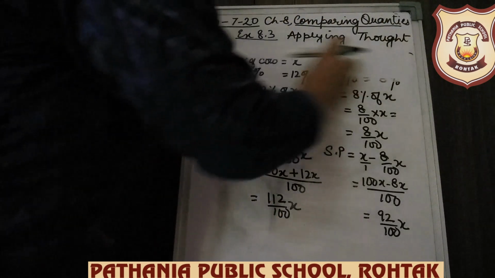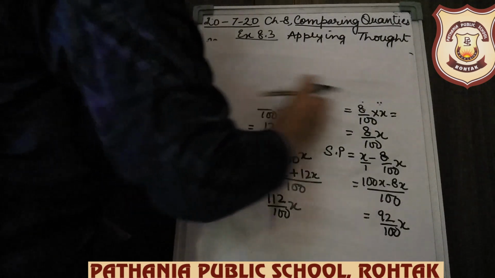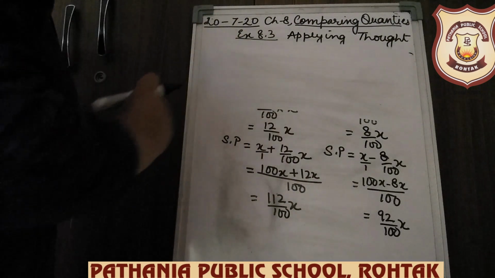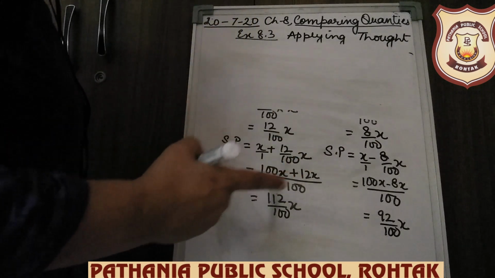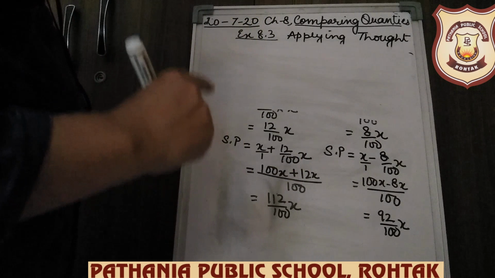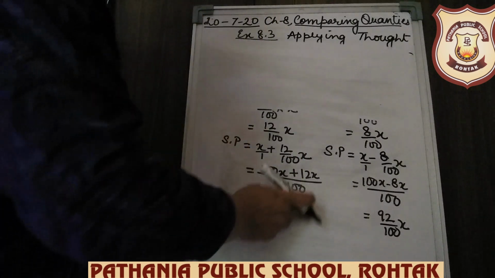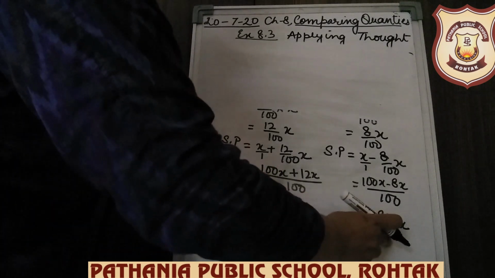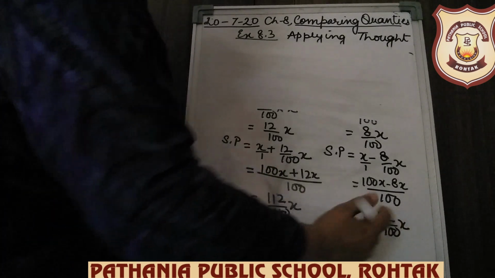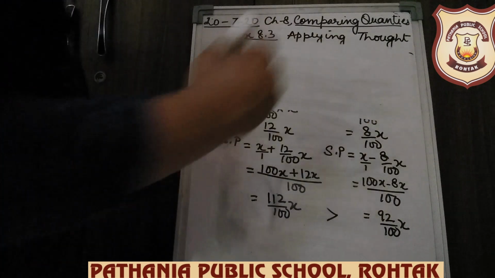Now, the difference between the SPs is 144. You know that if there is profit, this SP is going to be bigger, and here is loss, so this is smaller, so this SP is going to be the bigger one.